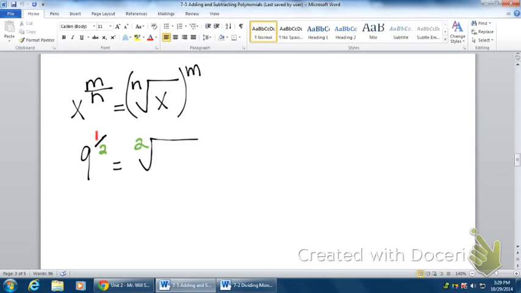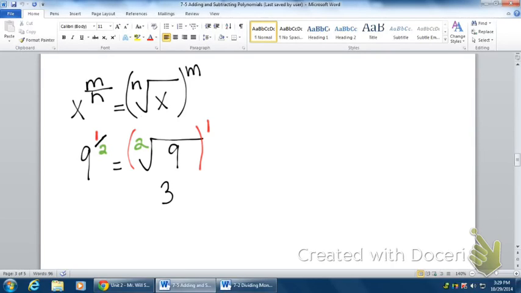Now, our number stays the exact same, and all of this would be raised to 1. Remember, anything raised to 1 is just going to be itself. So what's the square root of 9? It's going to be 3.